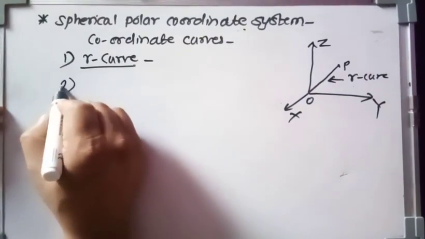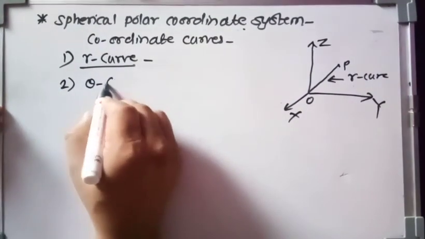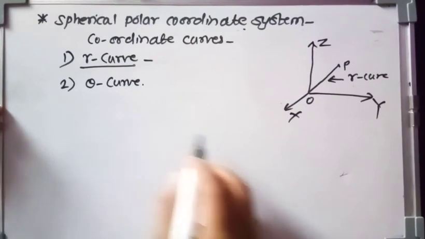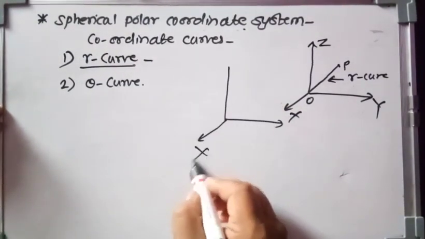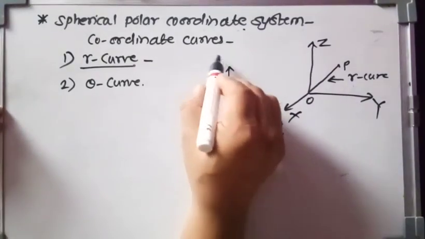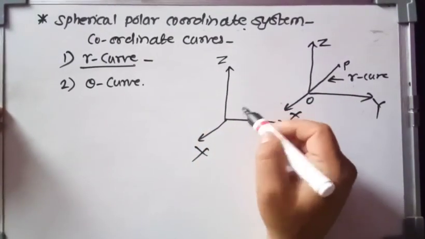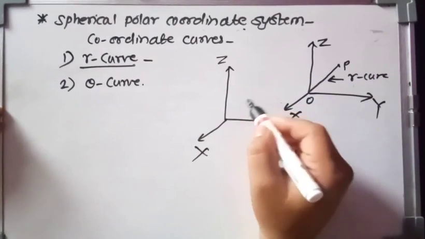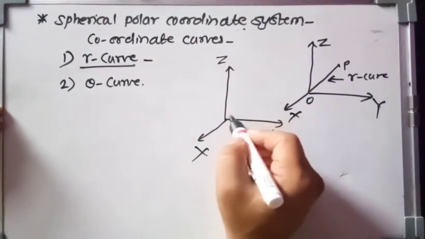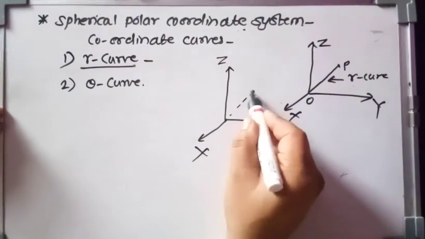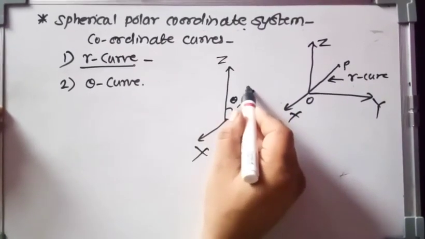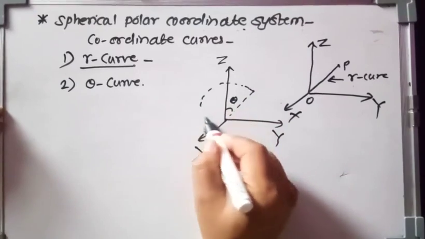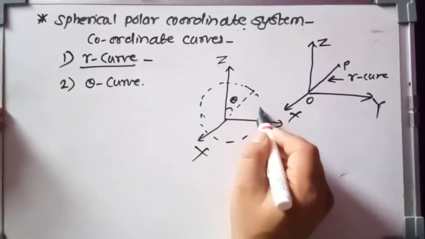Next, theta curve. How can you draw theta curve? Consider Cartesian coordinate system. Now we know this angle is theta, and this angle theta will vary if we change the position of point P like this, and you will get a circle.